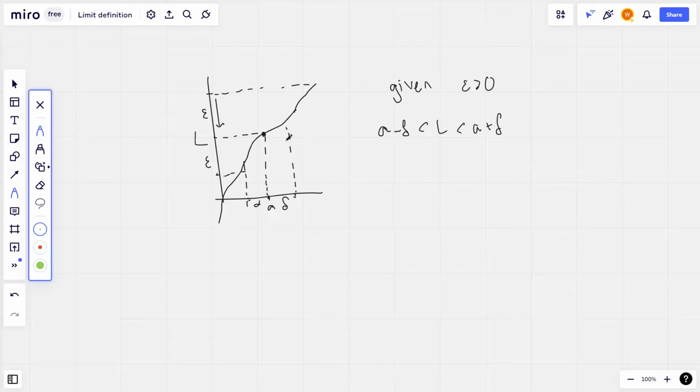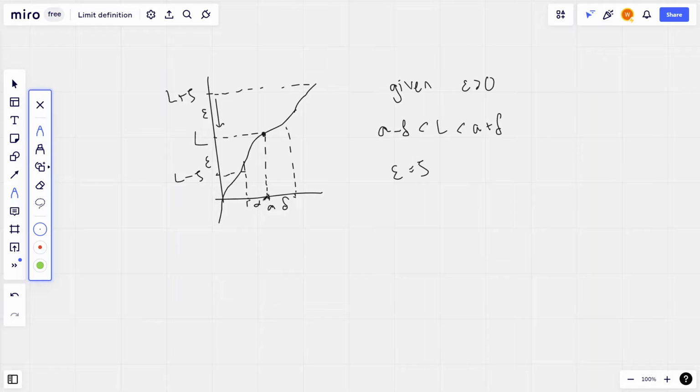So basically, if we had epsilon equal to 5, for example, this is L plus 5, this is L minus 5 here.